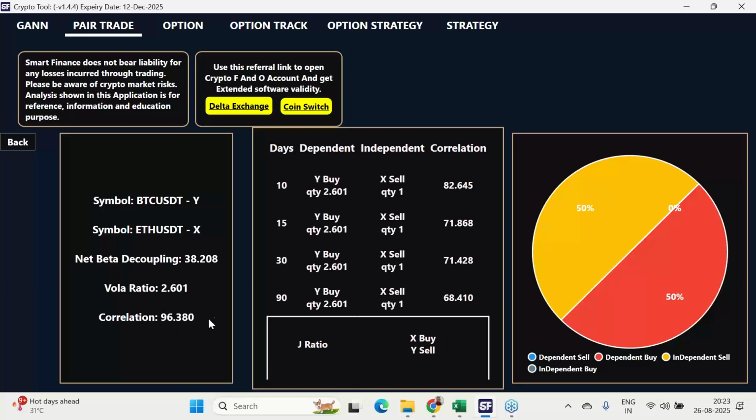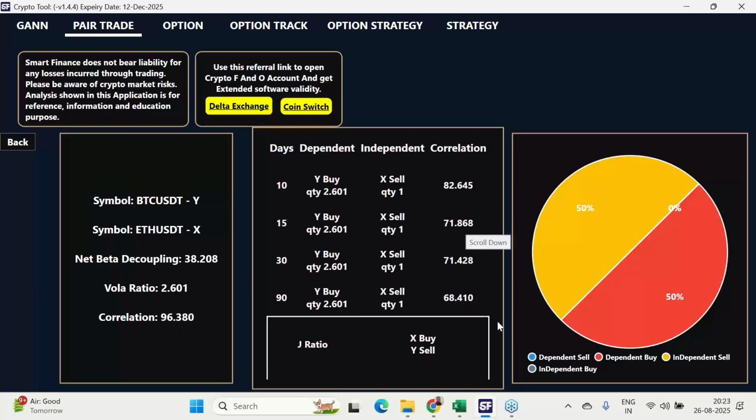Correlation again is 96, 97%. In a 10 days period, this is the correlation. 15 days period, this is the correlation. 30 days period, this is the correlation. 90 days period, this is the correlation. And this is the overall correlation of the past 200 days, it is 96.